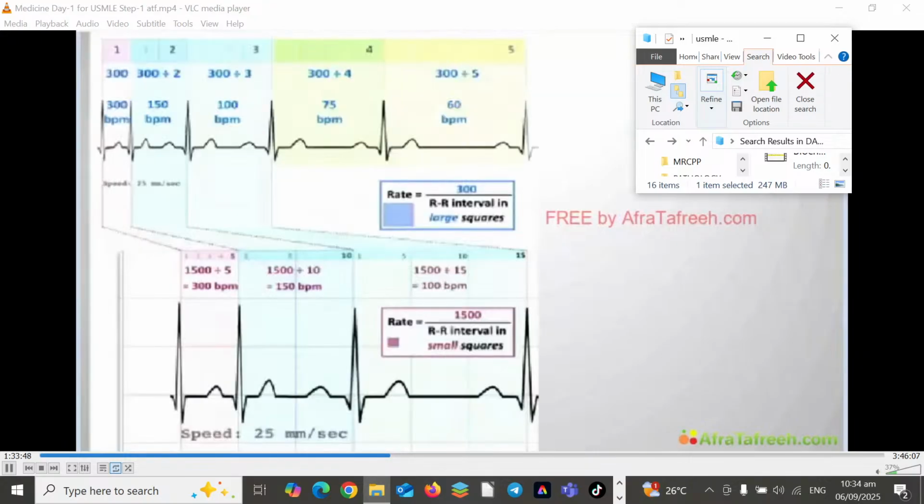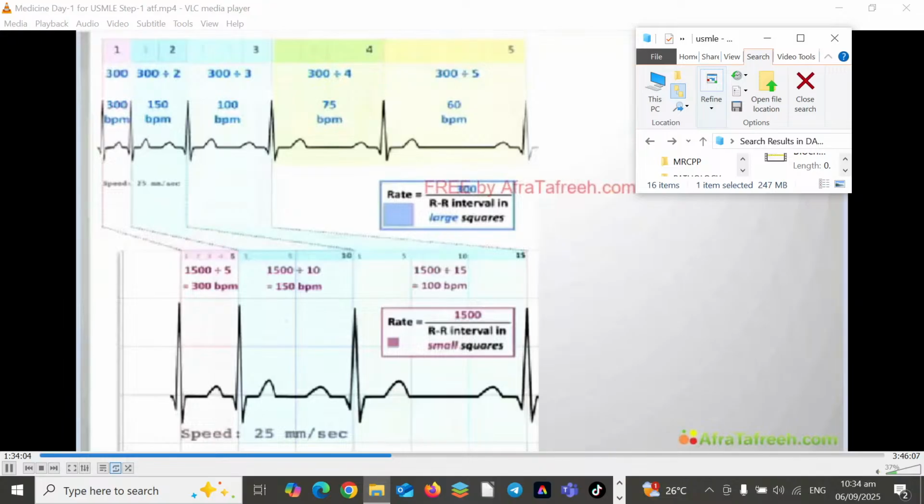So you have to remember that you have to calculate the number of large boxes in between RR intervals and divide 300 by it. Okay, that is 300 divided by the number of large boxes.